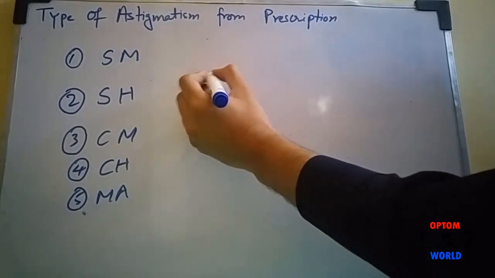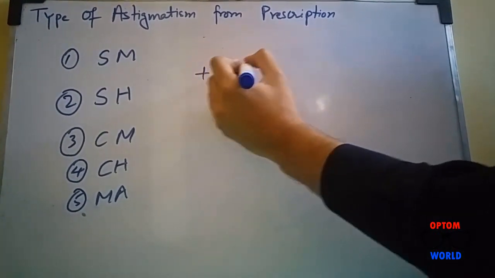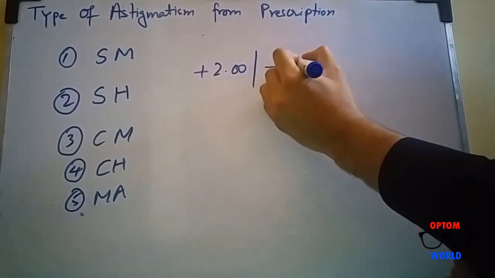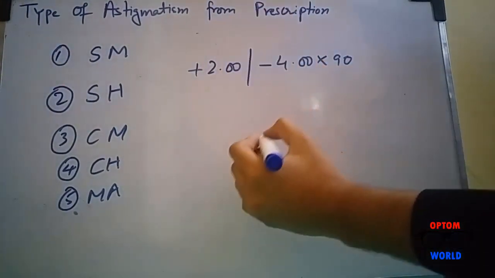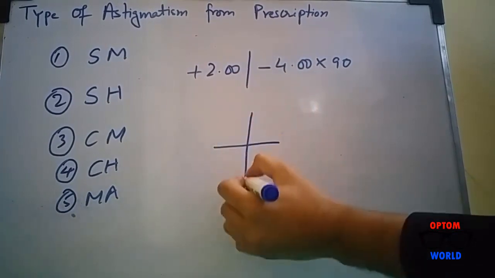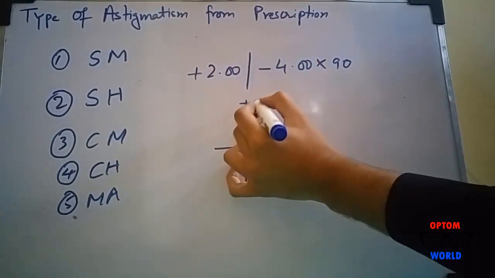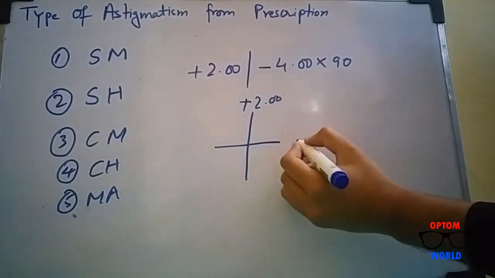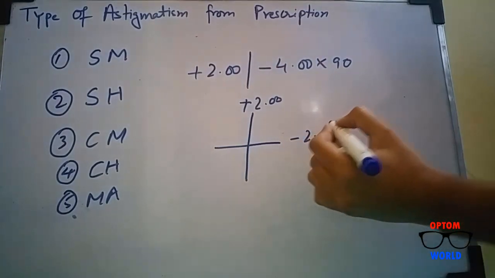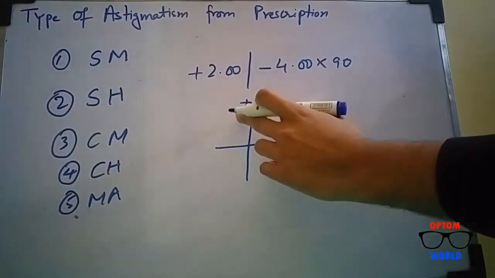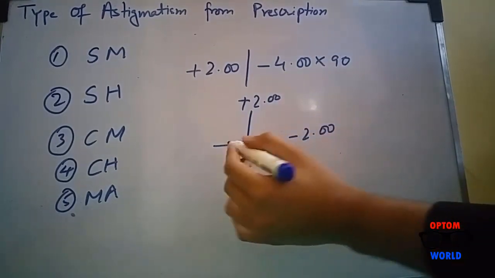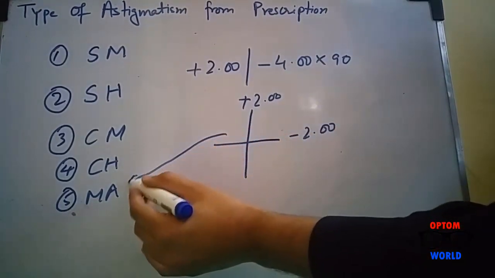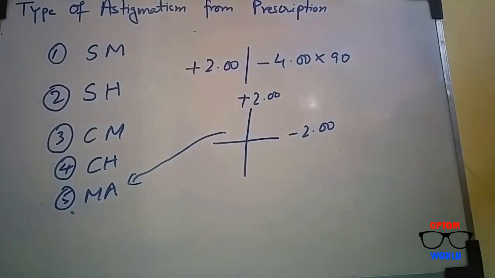Let's take another example. We have plus 2 sphere and minus 4 cylinder at 90 degrees. First of all, we will draw the optical cross. In this case, one meridian has positive power and another meridian has negative power. It means that it is an example of mixed astigmatism.